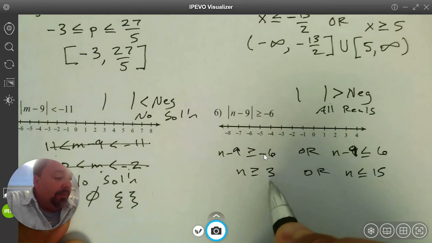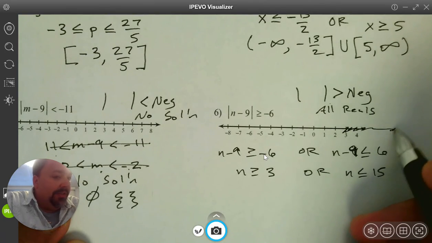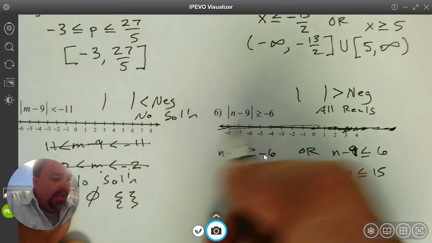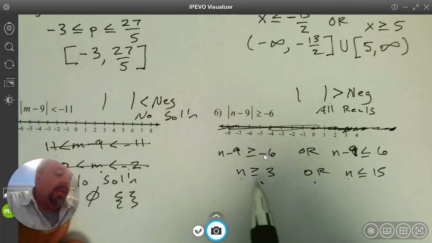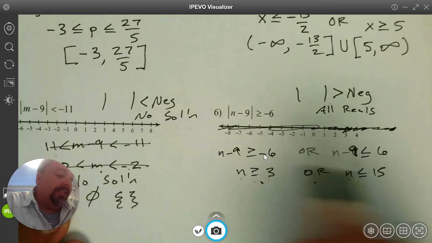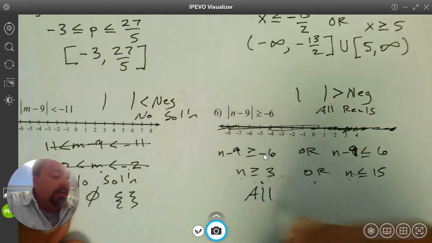What numbers are greater than or equal to 3? Well, that would start here. Or less than 15, I would start over at 15 and go this way. Every number is going to be hit. Because it's an or statement, either one could be satisfied, and every number satisfies at least one of these. So it is all reals again.